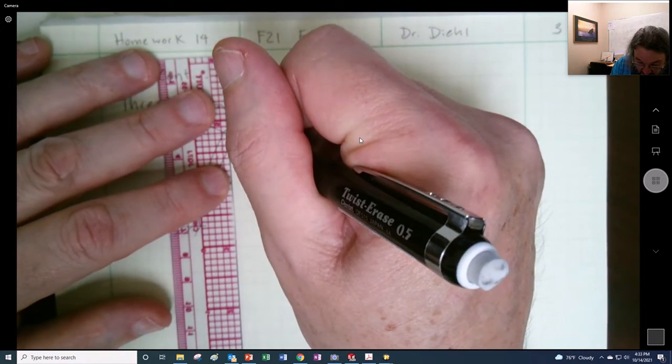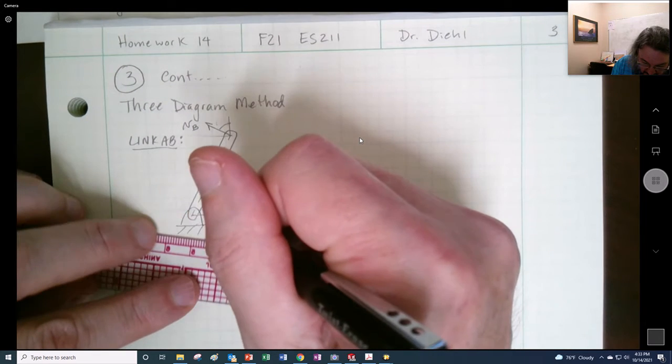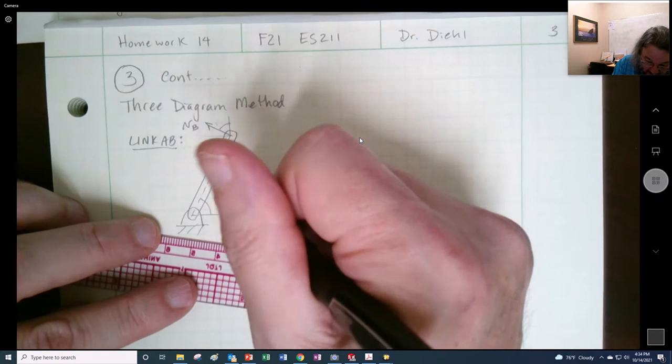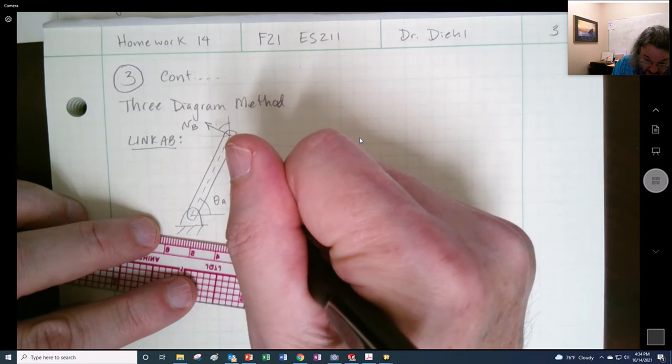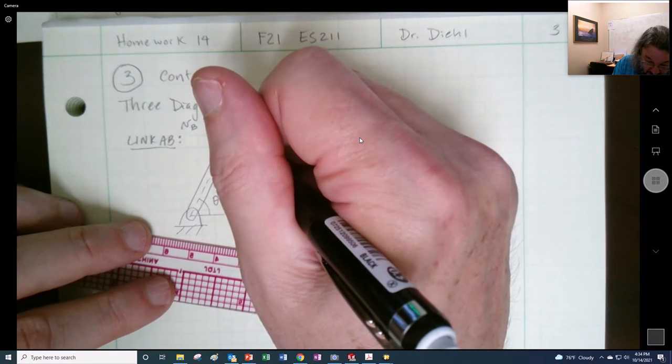And we know that this angle right here has to be the same as this angle right there, right? That's the theta A that we know is going to be 48.59 degrees.